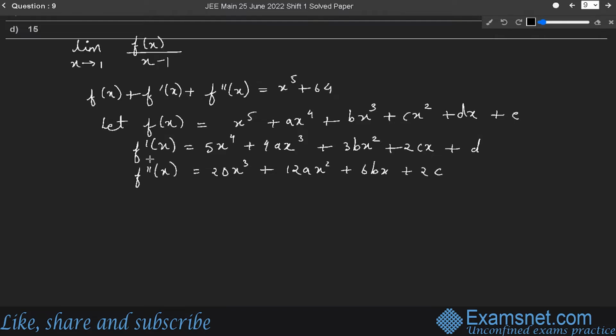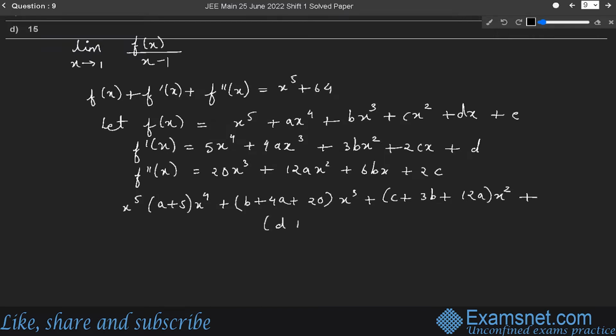Therefore, we can say that x power 5 plus (a plus 5) x power 4 plus (b plus 4a plus 20) into x cube plus (c plus 3b plus 12a) into x square plus (d plus 2c plus 6b) into x plus (e plus d plus 2c) will be equals to x power 5 plus 64, which is the right hand side.